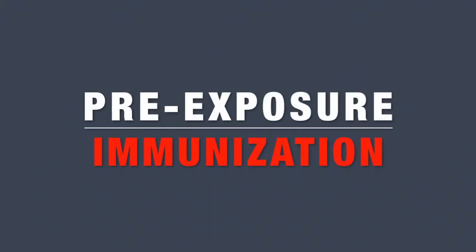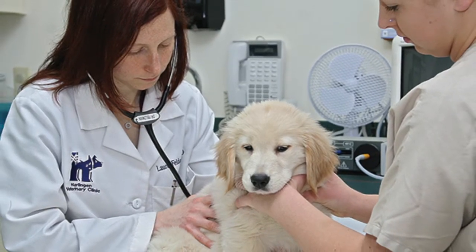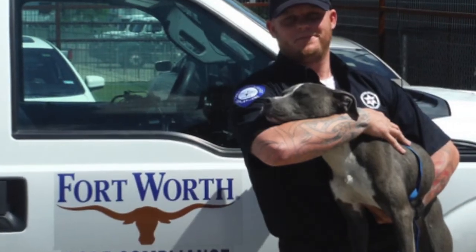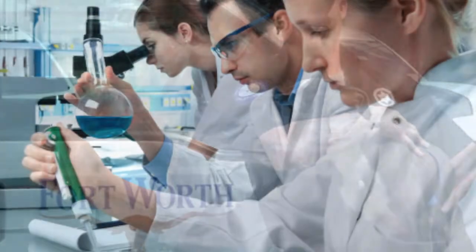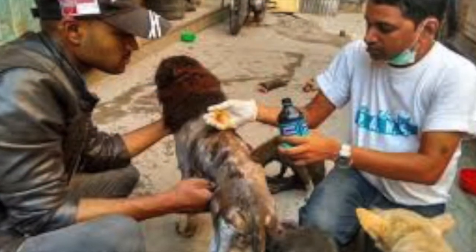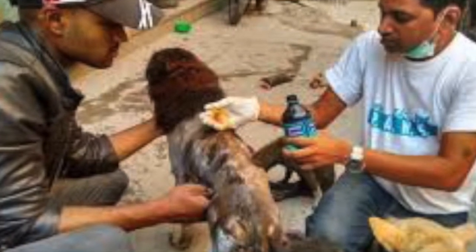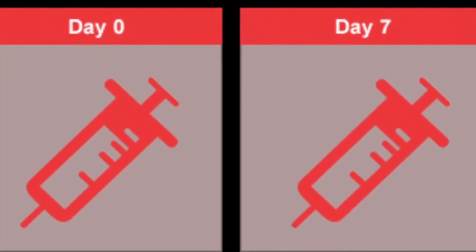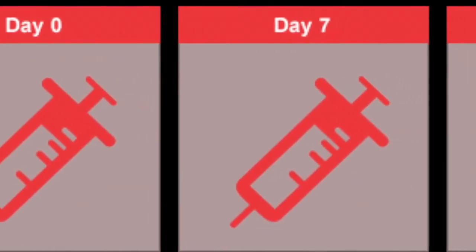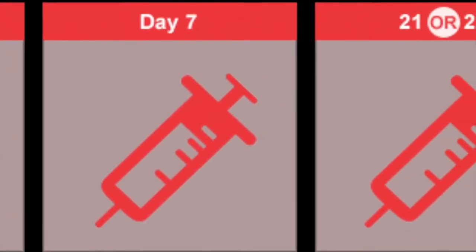Pre-exposure immunization is strongly recommended for people in high-risk groups, such as veterinary staff, animal control officers, rabies and diagnostic laboratory workers, and under certain circumstances, travelers working in countries in which canine rabies is epizootic. A pre-exposure vaccine is administered on days 0, 7, and 21 or 28.